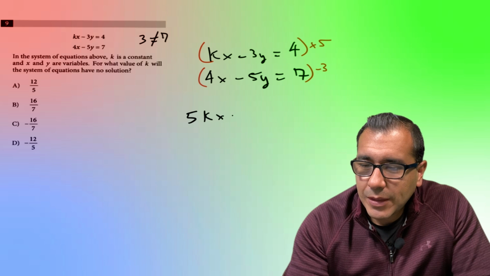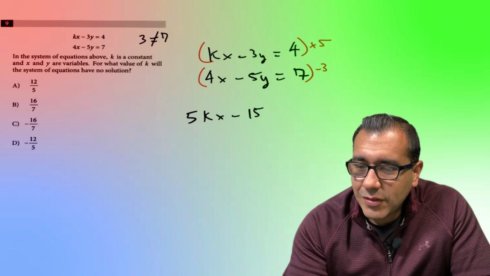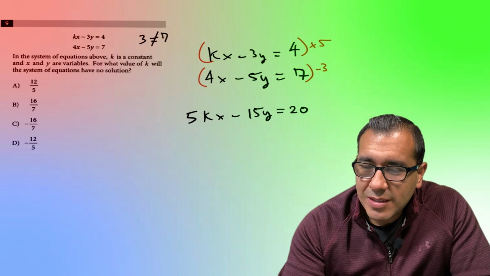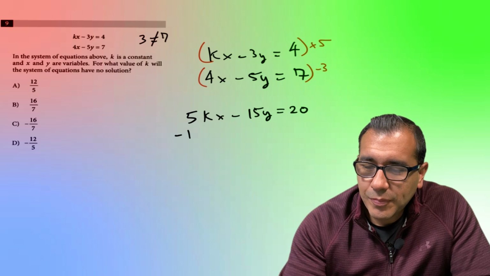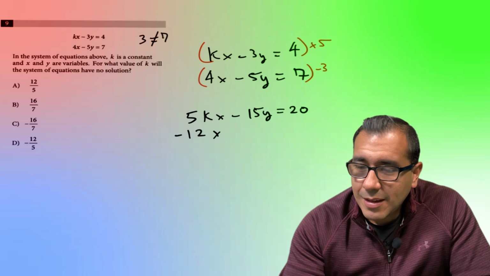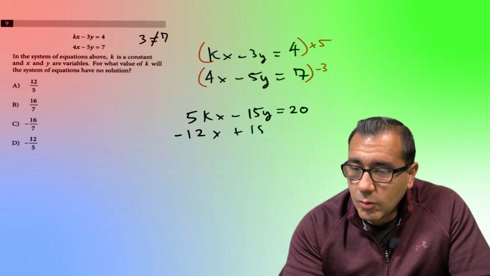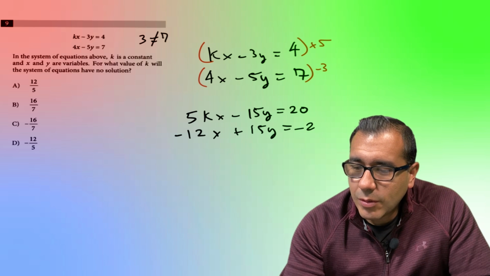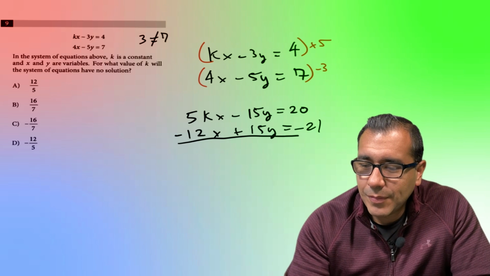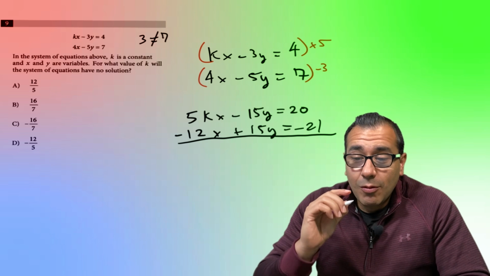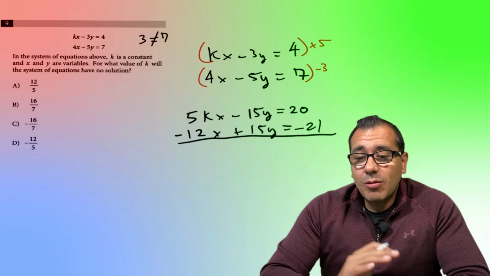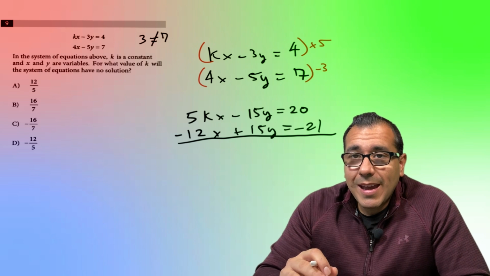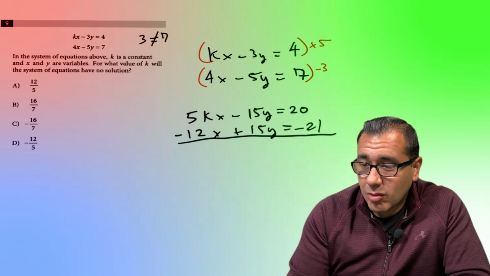5kx minus 15y equals 20, and then the bottom equation is now going to be negative 12x plus 15y equals negative 21. All right. And so remember what the goal is. Not only do we want these y's to cancel, but we want the x's to cancel as well.